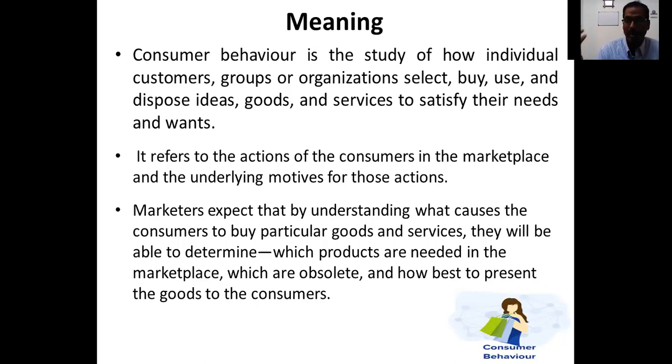That's one point. And the second thing, which products are becoming obsolete. And then what are the features they expect from the product they are using. So this clear-cut information and idea will help us to improve our products and services.